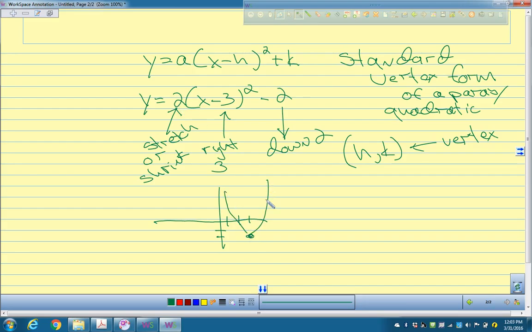Okay? This thing here is called the vertex. And -2 is called the minimum value.